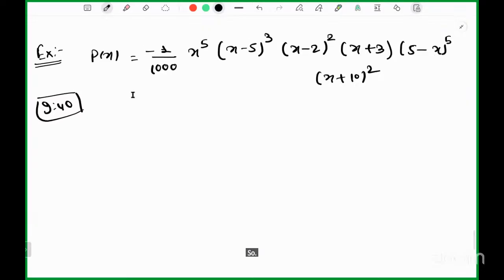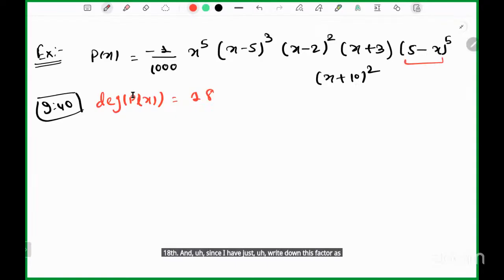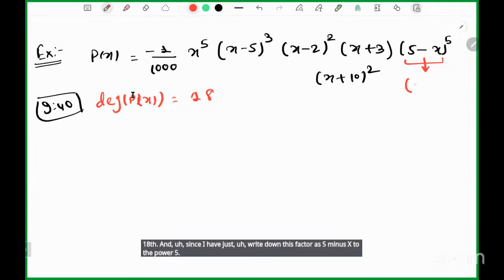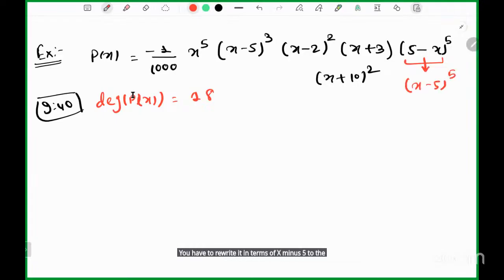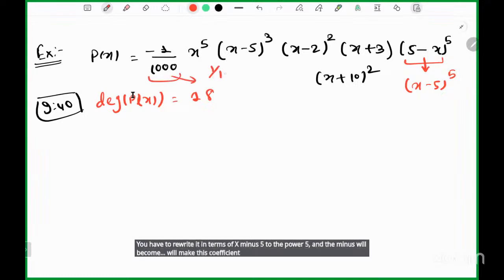So first of all, as we have discussed, we will first figure out the end behavior. So what is the degree of p of x here? 18. And since I have just written this factor as 5 minus x to the power 5, you have to rewrite it in terms of x minus 5 to the power 5, and the minus will make this coefficient positive 1 by 1000.